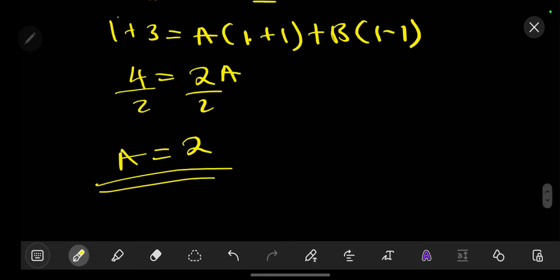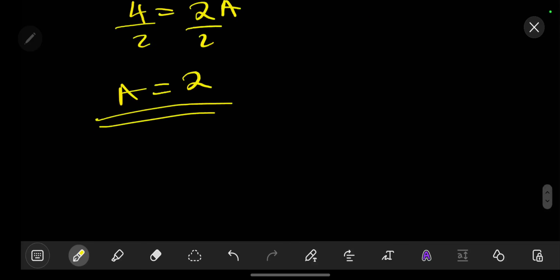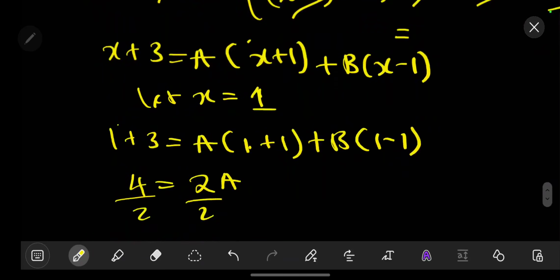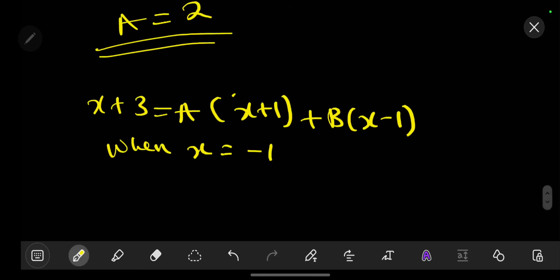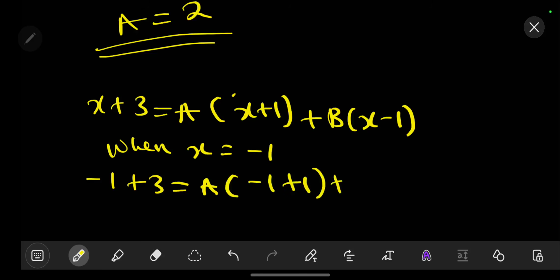Then when we do the positive 2, we go to our b. When our x should be equal to -1, so that this time we eliminate our a, -1 plus 1 will give us 0. So we have -1 plus 3 should be equal to a times (-1 plus 1), then we have plus b times (-1 minus 1).